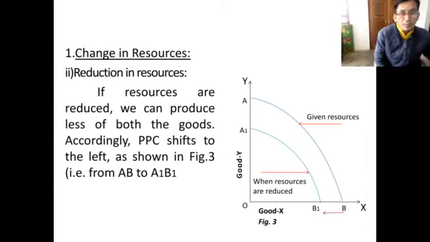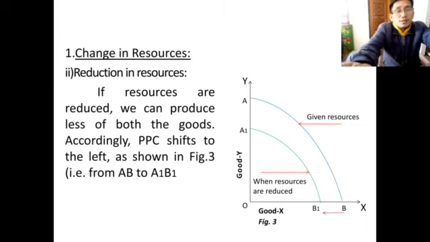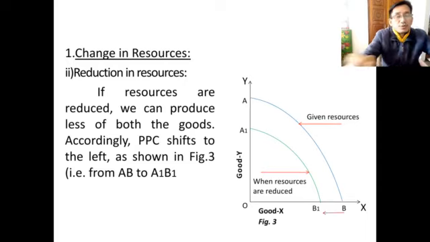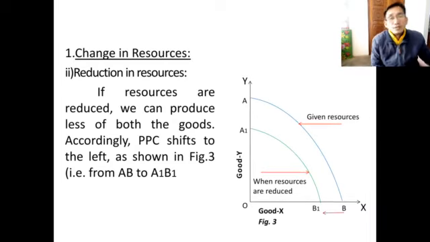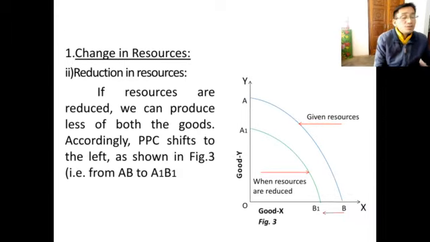Next, let us see another possibility of change in resources. We can have reduction in resources also. If resources are reduced, we can produce less of both the goods, good X and Y, of course.